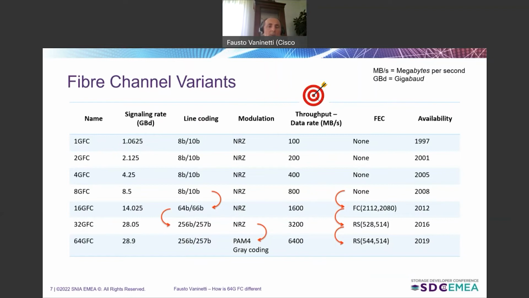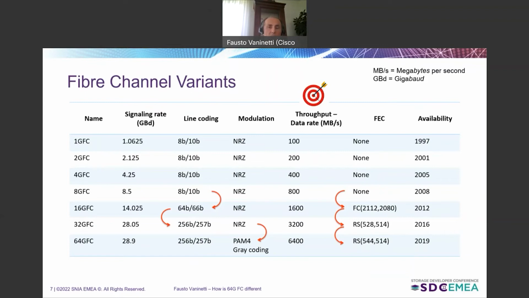So moving from 1 gig to 2 gig, 4 gig, and 8 gig was essentially just an increase in the bit rate. All the rest, the line coding schema, the modulation format, was kept exactly the same. But when 16 gig Fibre Channel was introduced, a couple of changes happened.